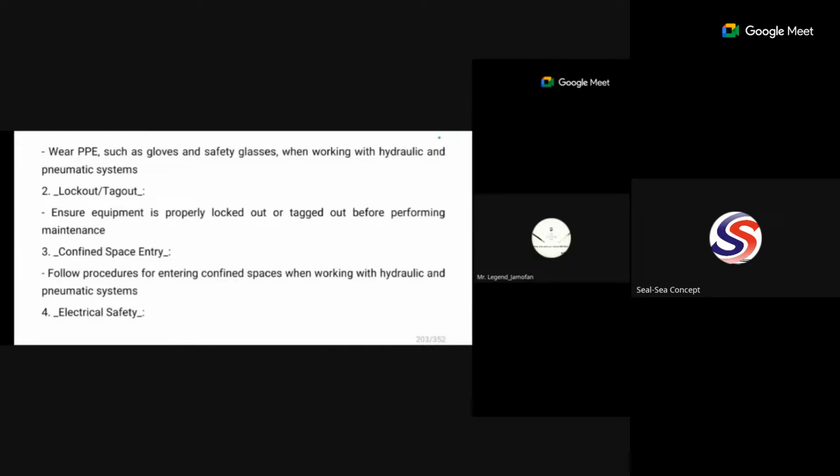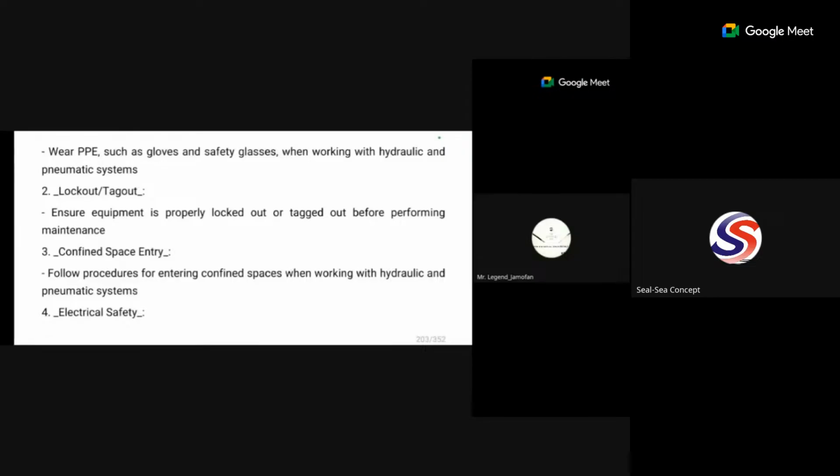So if the pneumatic system that you want to maintain is in a confined space, you have to take extraordinary authorization when it comes to safety. Sometimes even the first aiders will be on guard, because anything could go wrong. So we say follow the procedures for entering confined spaces when working with hydraulic and pneumatic systems.